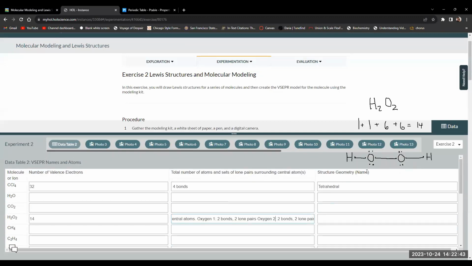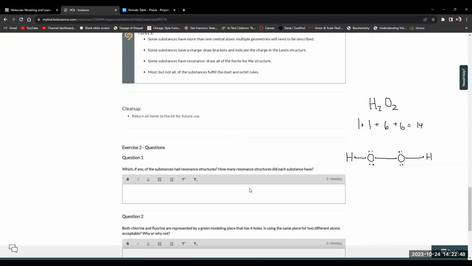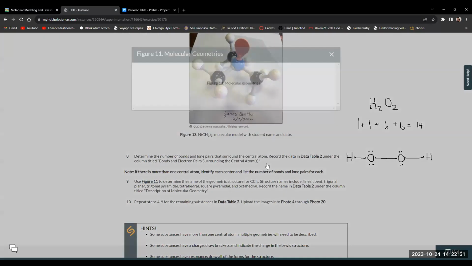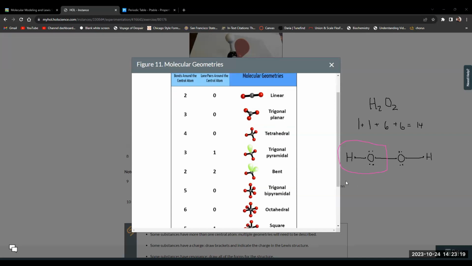Okay. Let's see. Structure. Interesting. Here it is. So for oxygen 1, let's highlight it first. So for oxygen 1, what would that look like? Which geometry is the most similar to this first oxygen?